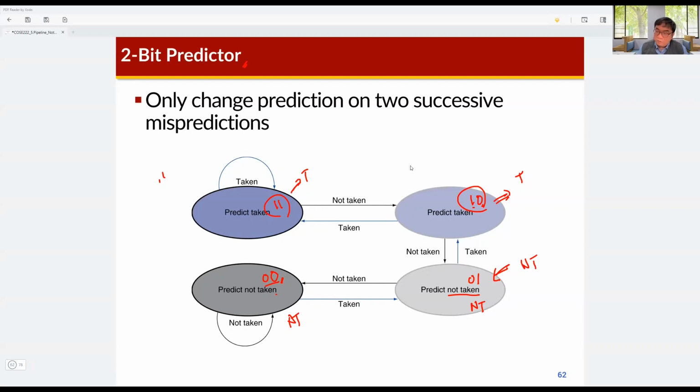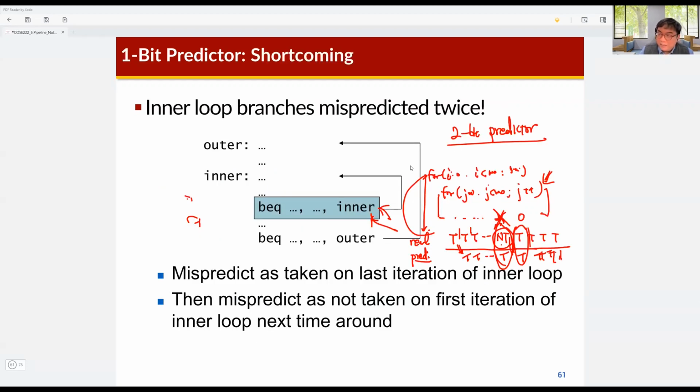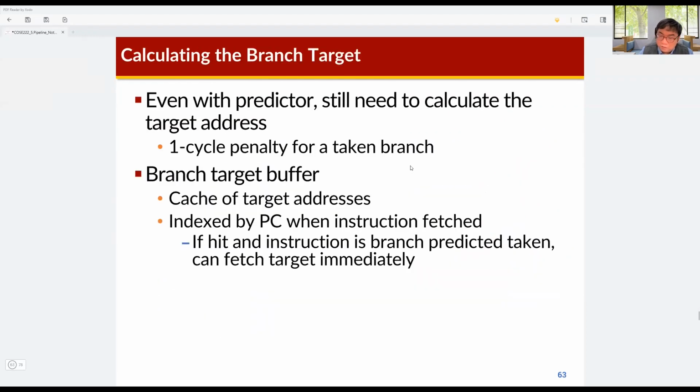That means the performance is degraded. So the branch prediction is critical for the performance of a processor. Okay, this is a very good idea. That's why prediction is a great idea for computer architecture. So we can improve the performance of a processor with a good branch predictor.